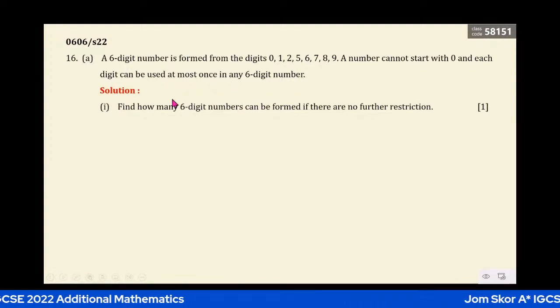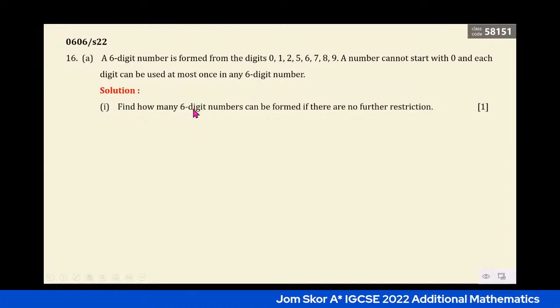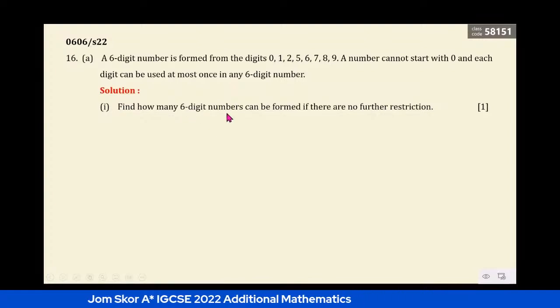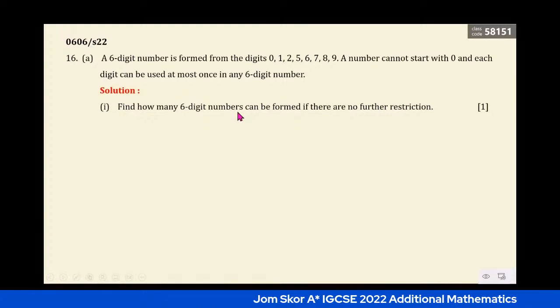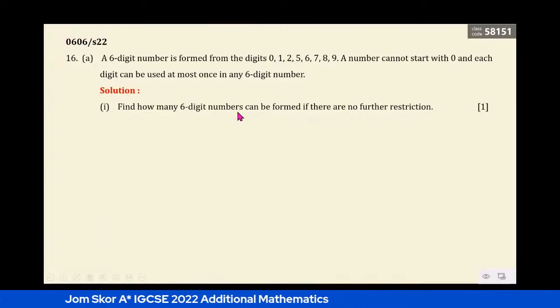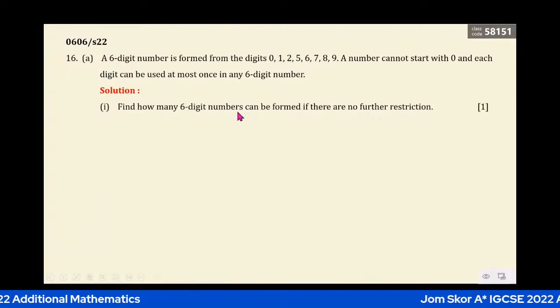Okay, so this is an arrangement. Ingat kita ada belajar dua, permutation dengan combination. So if the number, 6-digit numbers, if the arrangement does matter, meaning that kita guna permutation. Maksudnya kalau nombor 21 dengan nombor 12, even though we use the same digit, okay, 1 and 2, but we have different value. So itu arrangement does matter.